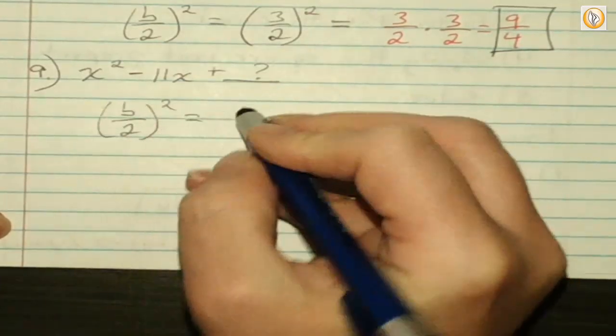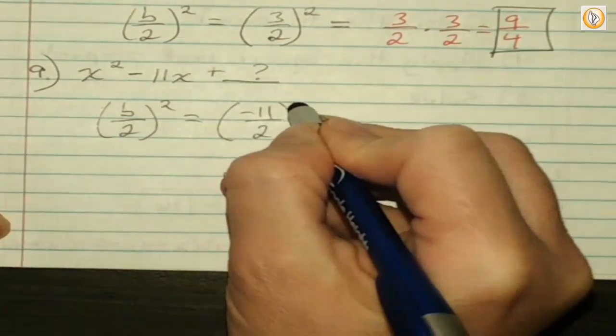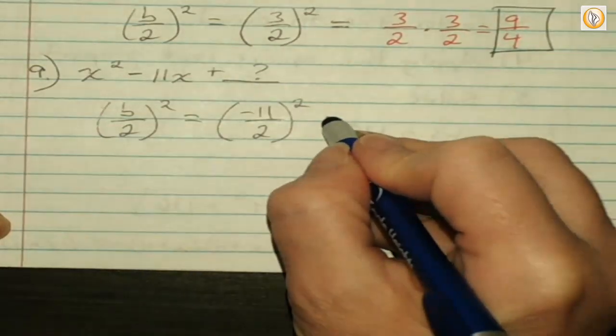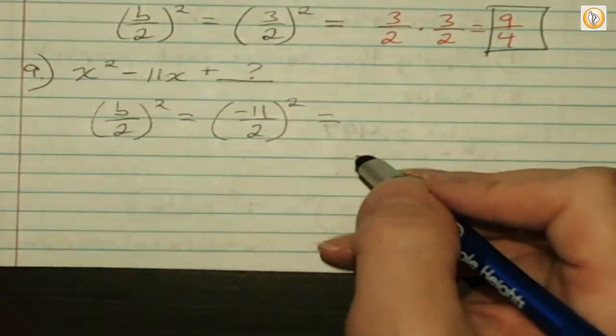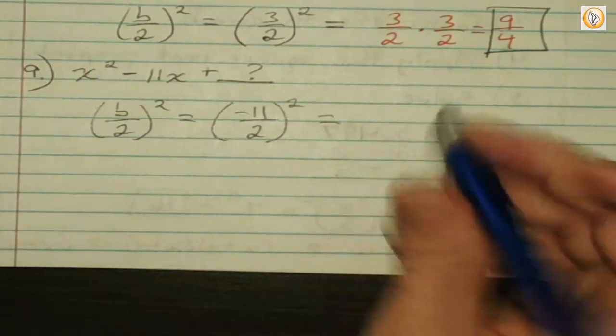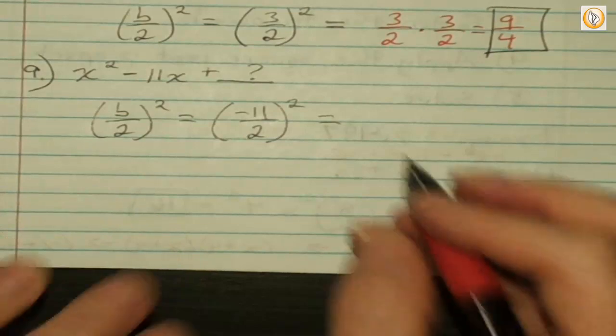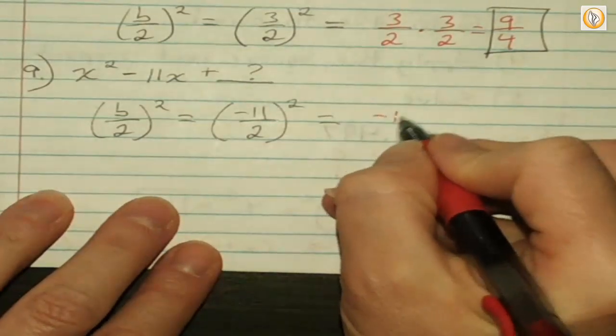What's my B? Oh, no. It does not go into it evenly. What shall I do? Multiply it by what? That's all right.